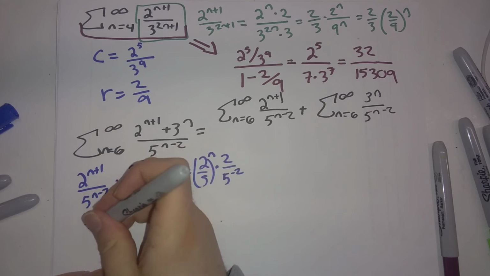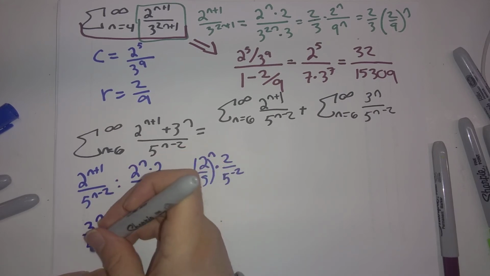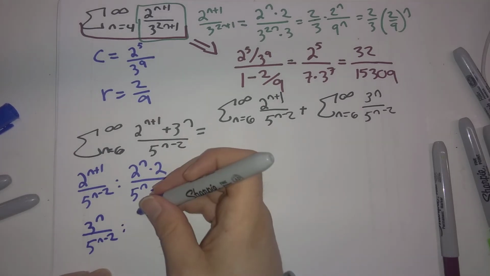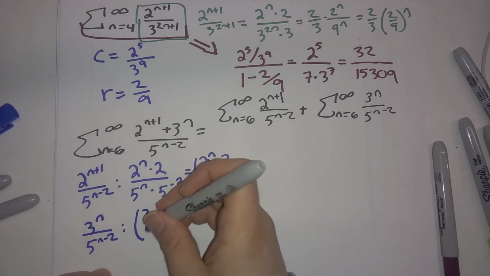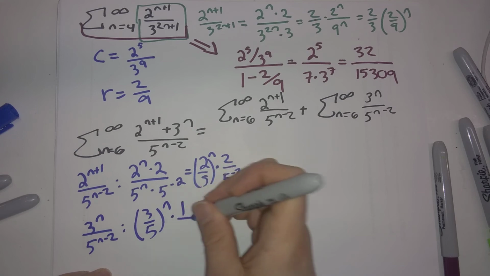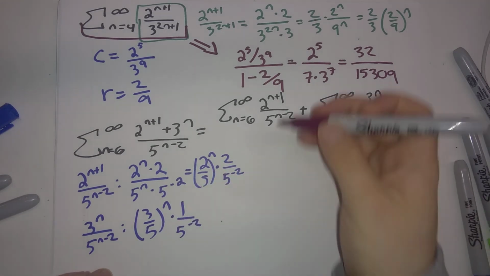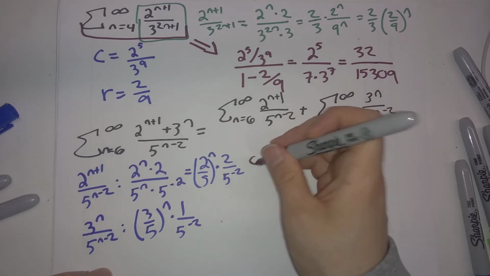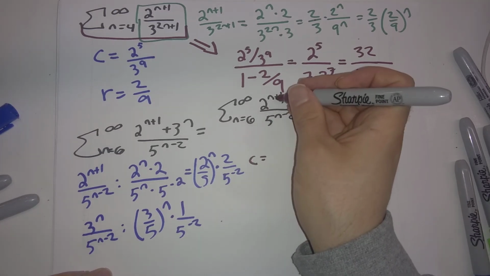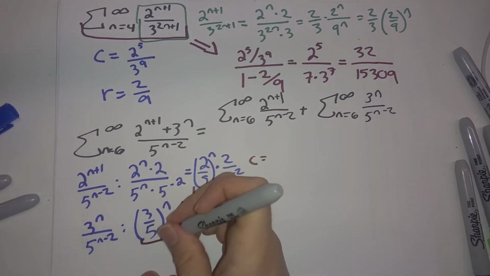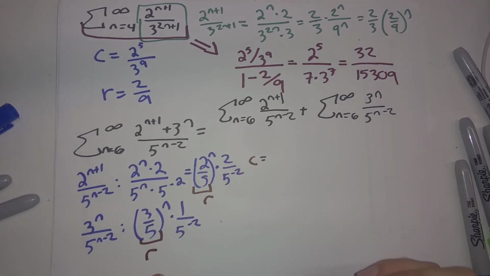For the 3 to the n divided by 5 to the n minus 2, this is going to be 3/5 to the n times 1 over 5 to the minus 2. For the first terms here, the C, when we plug in n is equal to 6, let me label the R here, 2/5 and 3/5.